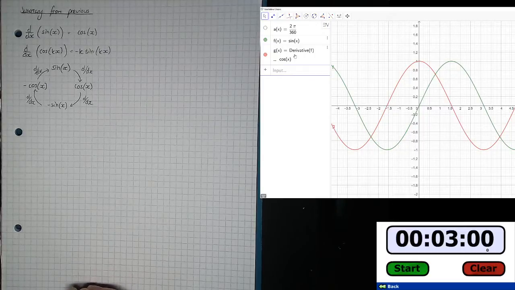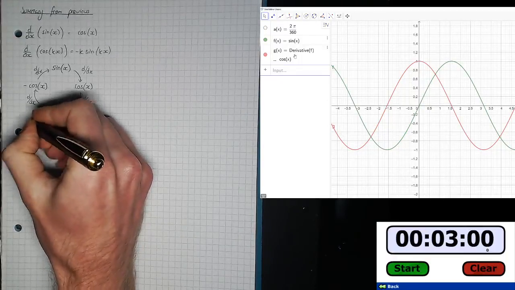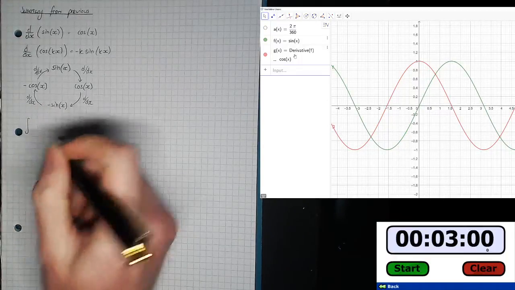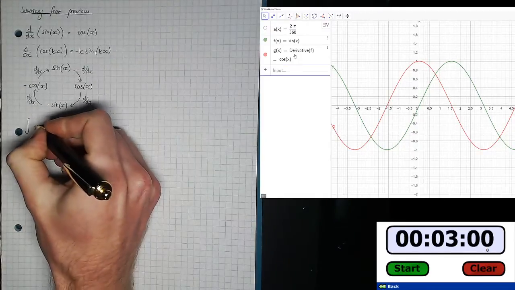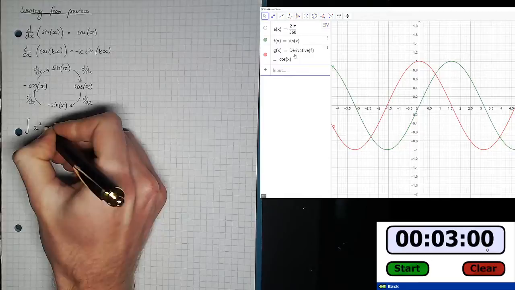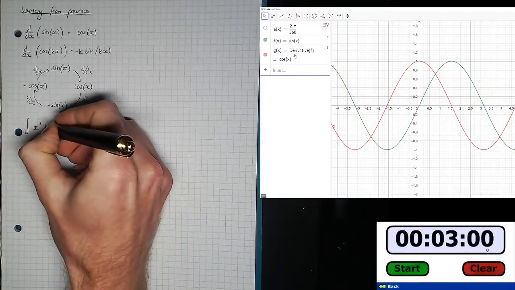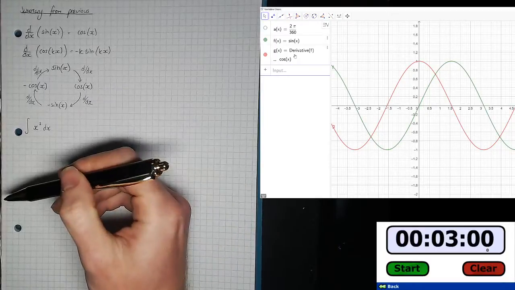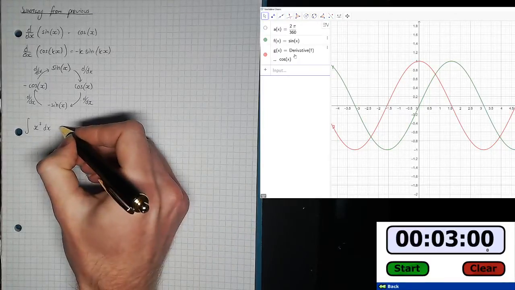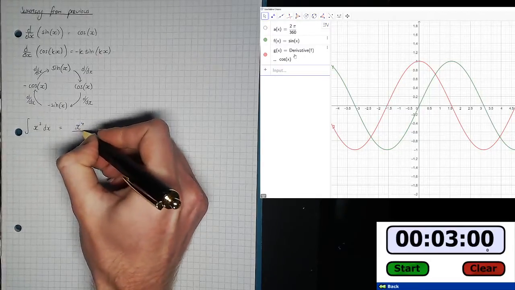And the short answer to that is yes, we do. Now, if we remember that when we integrate a normal expression, say like x cubed, we would normally raise the power by 1, divide by the new power. Okay? So raising the power by 1 would give us x to the power of 4.